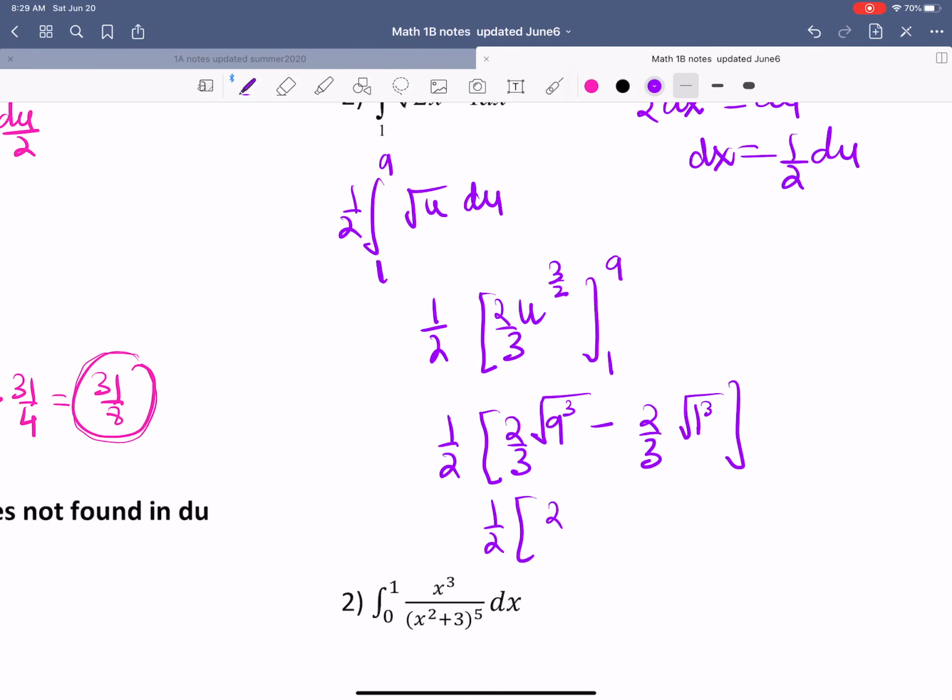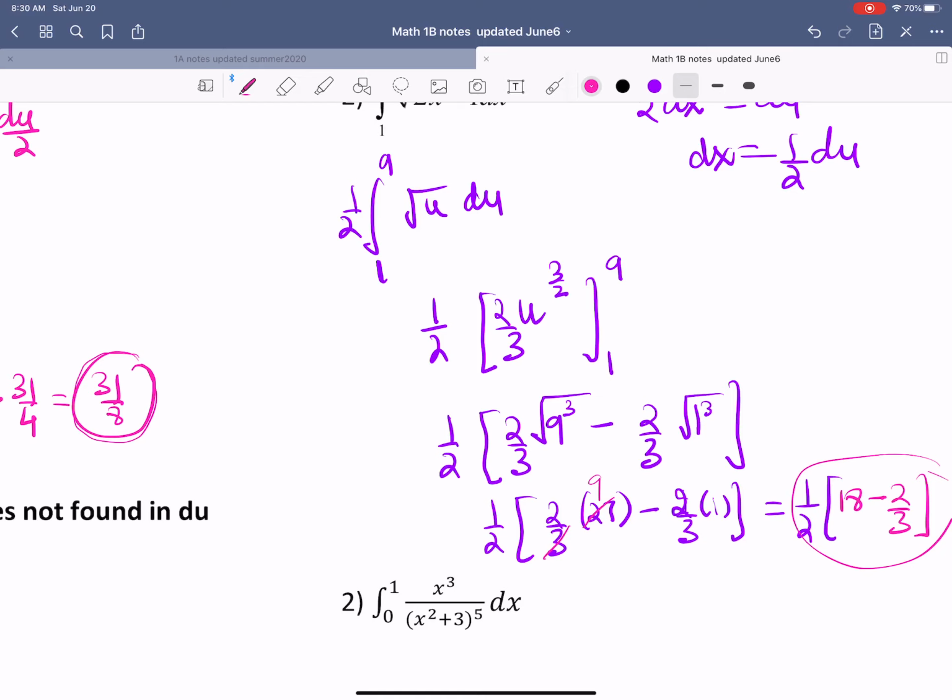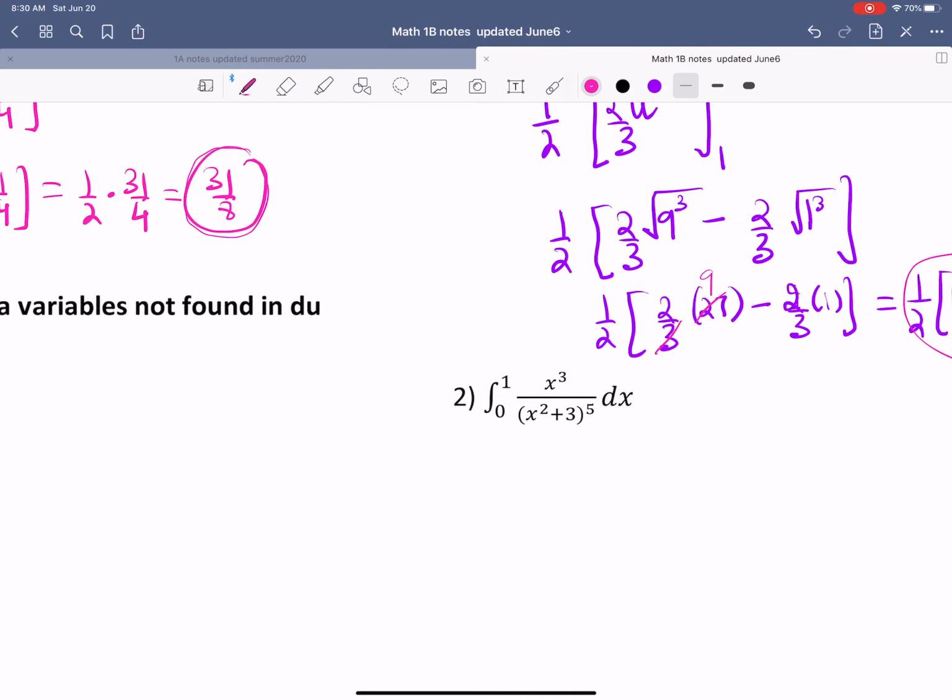Square root of 9 is 3. 3 to the third power is 27. Minus 2/3, square root of 1 is 1, and 1 cubed is just 1. Okay, so that's 1/2. We can simplify. That's 9 minus 1/3, and then go ahead and simplify this. I'm going to leave it at this point.